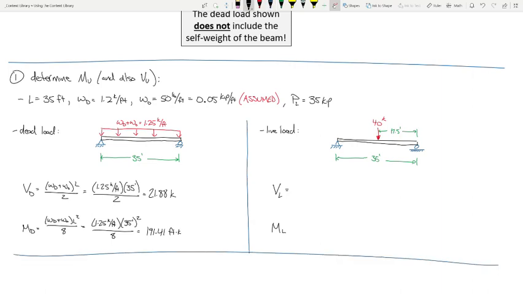Okay, so for the live load shear, what is that going to be? Do you really need a formula for that? No. 20. It's going to be half that, right? So it's going to be PL over 2. Because our shear diagram is just going to be up, over, down, over, up. 20, negative 20. And so our moment is going to be PL over 4.